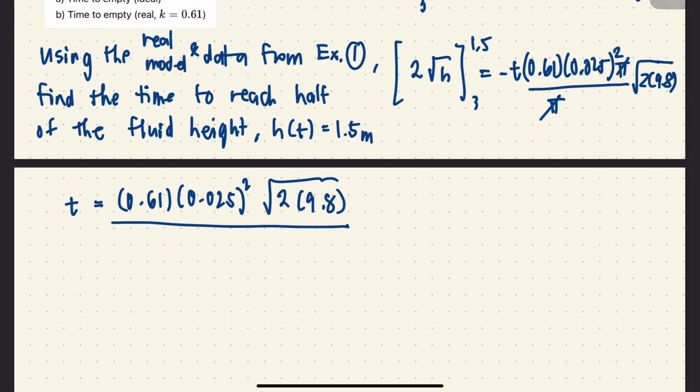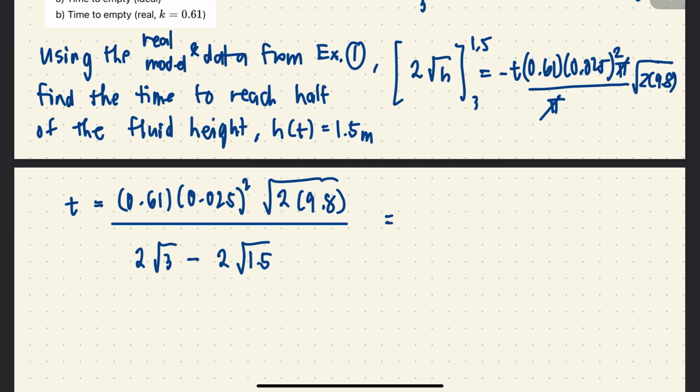Then we divide both sides by the definite integral. You'll have 2 square root of 3 minus 2 square root of 1.5.